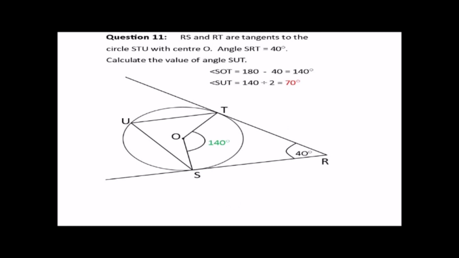Then we move on to question 11. RS and RT are tangents to the circle. So if you want to find angle SUT, angle SUT is 70 degrees from the mere fact that the angle there and the 40, they would be supplementary. So once you know that, then you can work it easily.